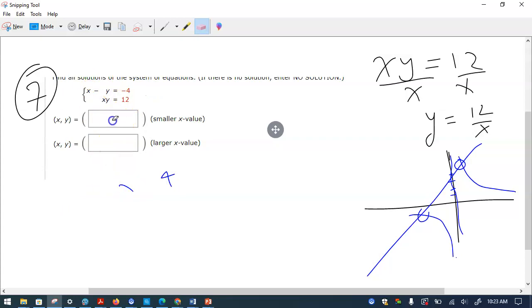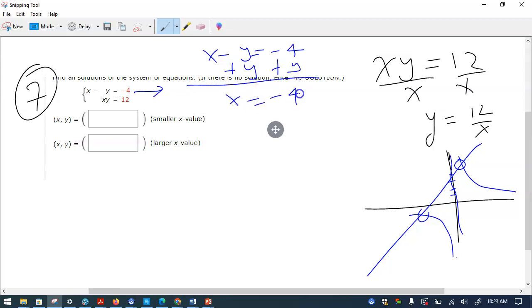So let's substitute y. In this one, you divide by x. I already got that y equals 12 over x. Or the best bet is what I would do is in place of y, from the first equation, so x minus y equals negative 4, add y, and put that in the second equation.